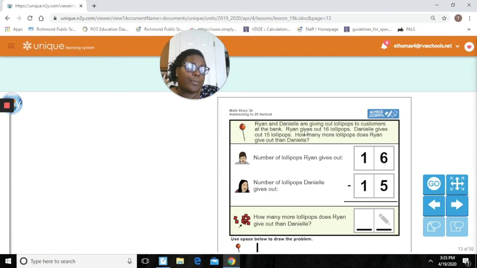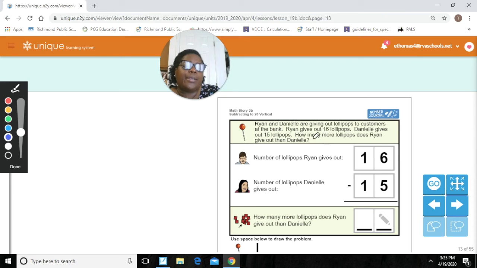Let's read our word problem first. Ryan and Danielle are giving out lollipops to customers at the bank. Ryan gives out 16 lollipops. Danielle gives out 15 lollipops. How many more lollipops does Ryan give out than Danielle? In this case, you have how many more.